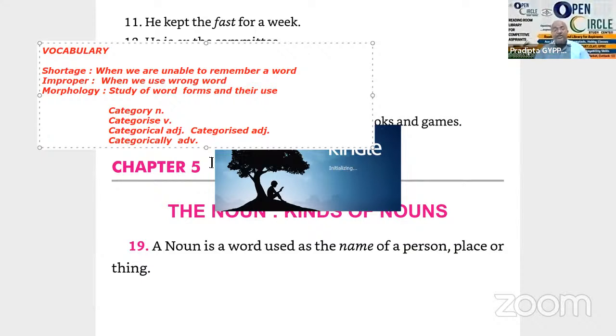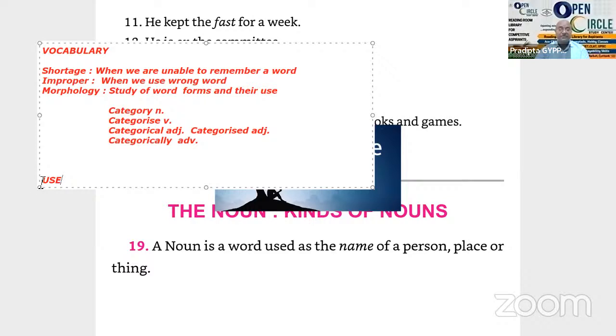But then again, I told you, it is not only about understanding, it is also about use. How are we able to use?